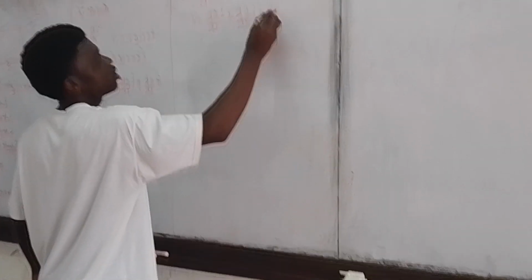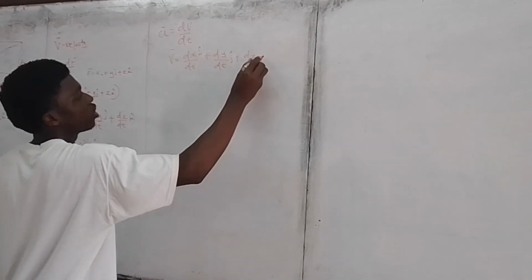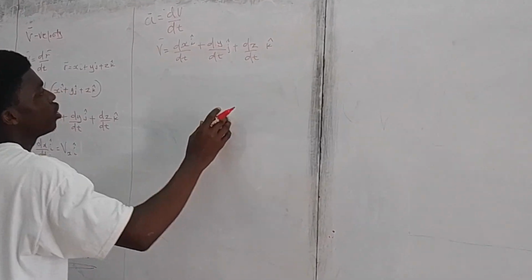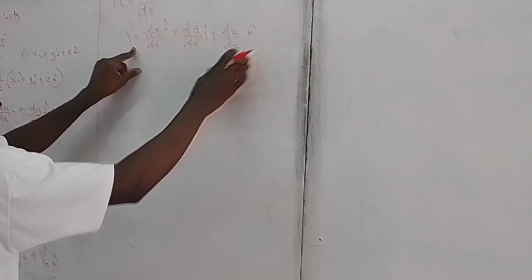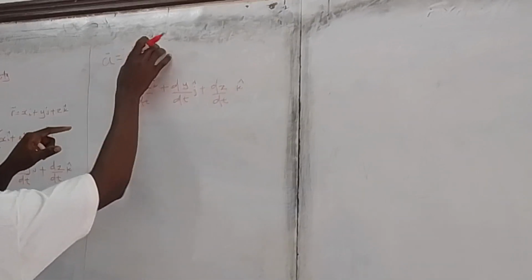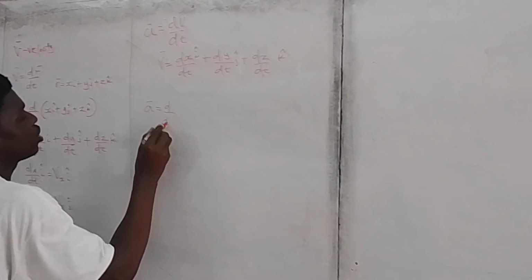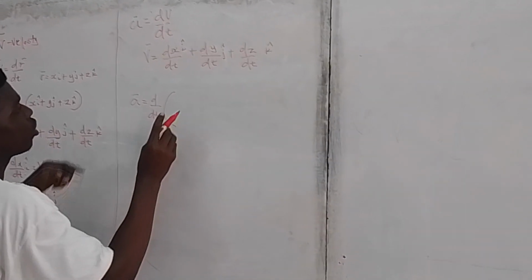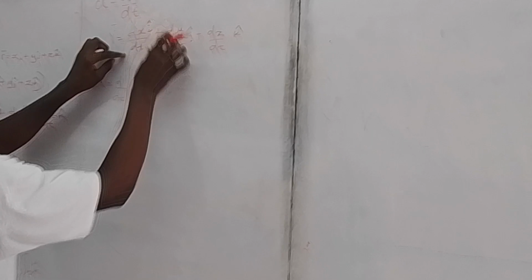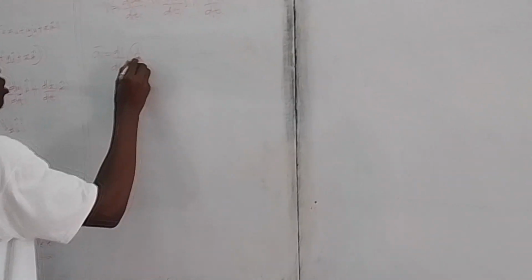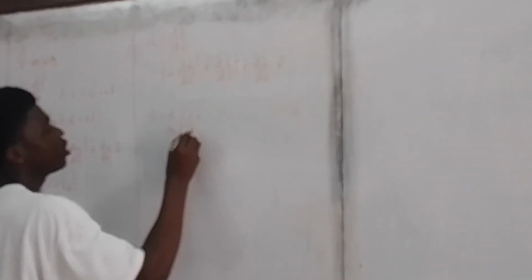So we can say acceleration is equal to d over dt of the velocity: dx over dt in the i direction plus dy over dt in the j direction plus dz over dt in the k direction.